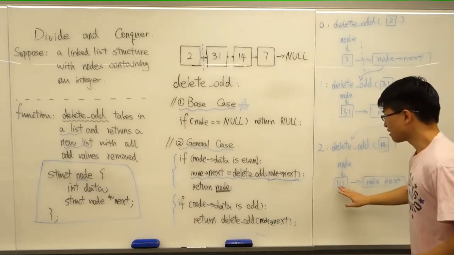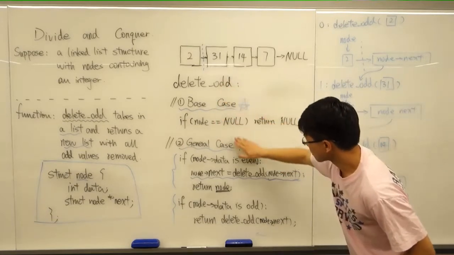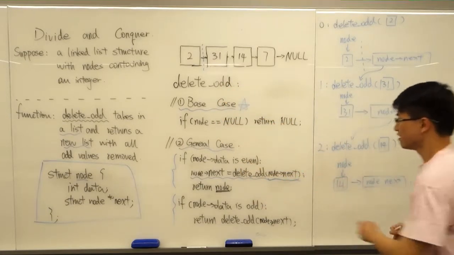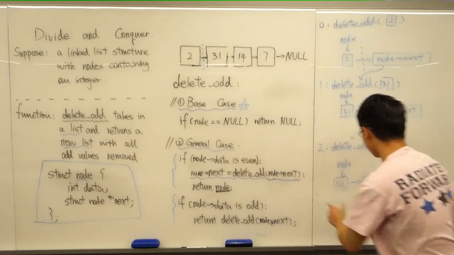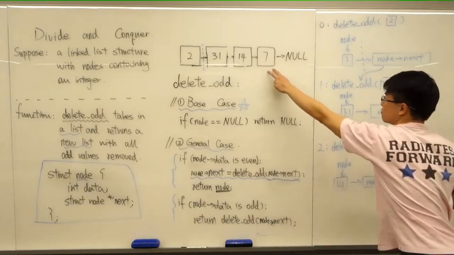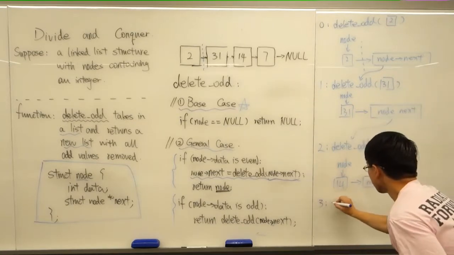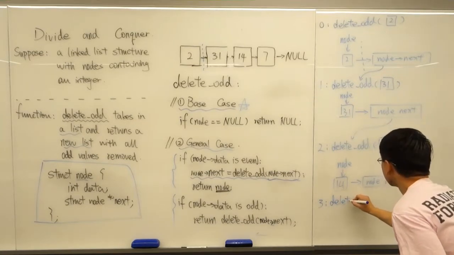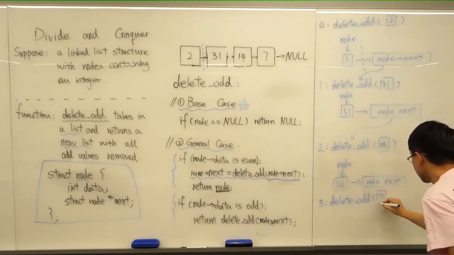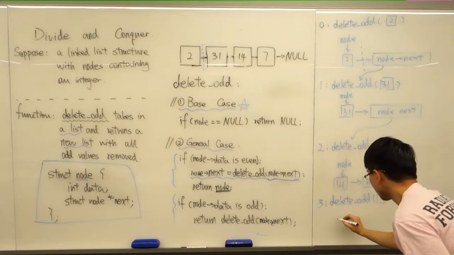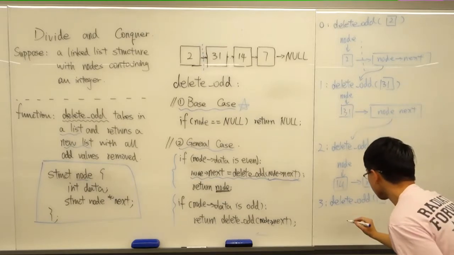At 14, we are going to come back to here because 14 is even. So 14 next is equal to delete odd node next again. In this case, it will be just 7. We have to delete odd 7.